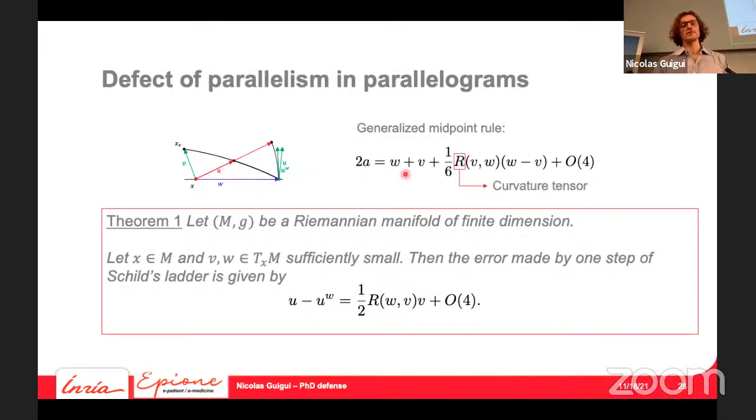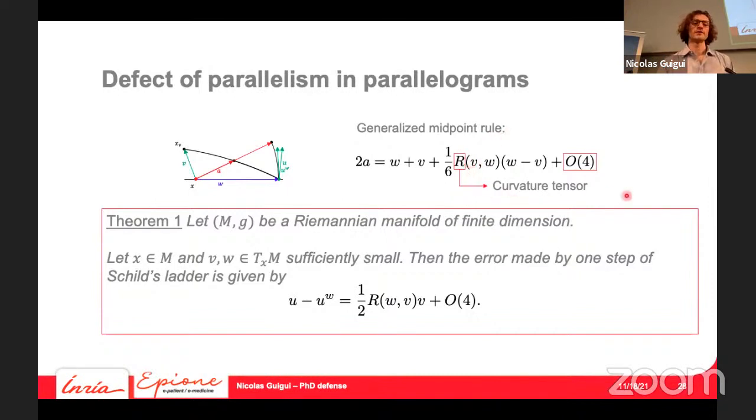But there is a correction term that is due to the curvature tensor, which is well known in Riemannian geometry and quantifies the deviation of geodesics from straight lines. And by the big O of 4, I mean that all the terms in the remainder involve curvature and its derivative, and v or w appear at least 4 times in them. So if v and w are small, those terms are smaller than the third order term here that involves curvature.